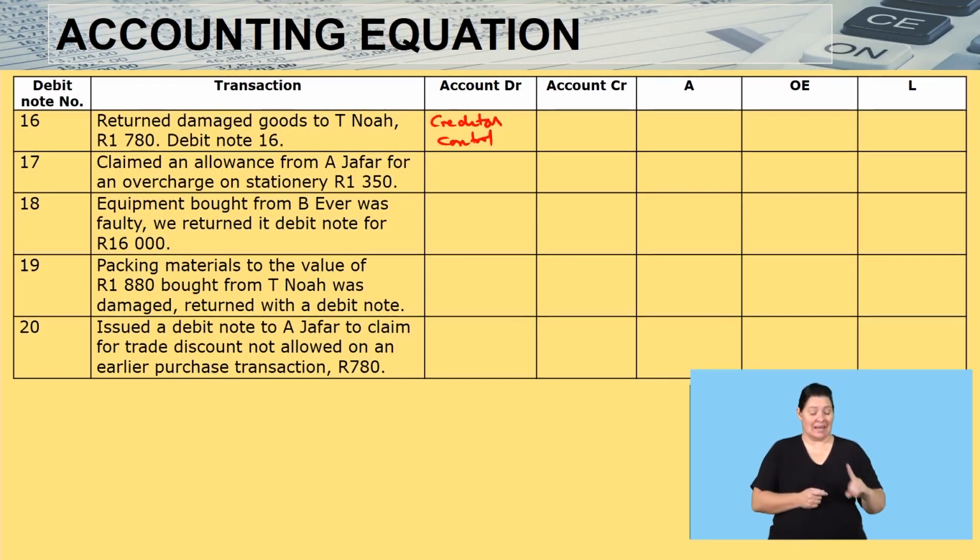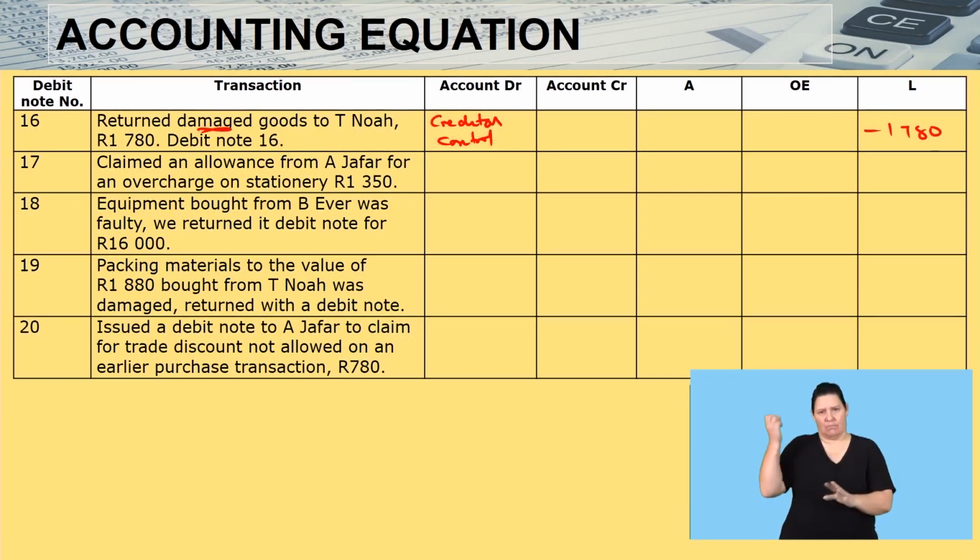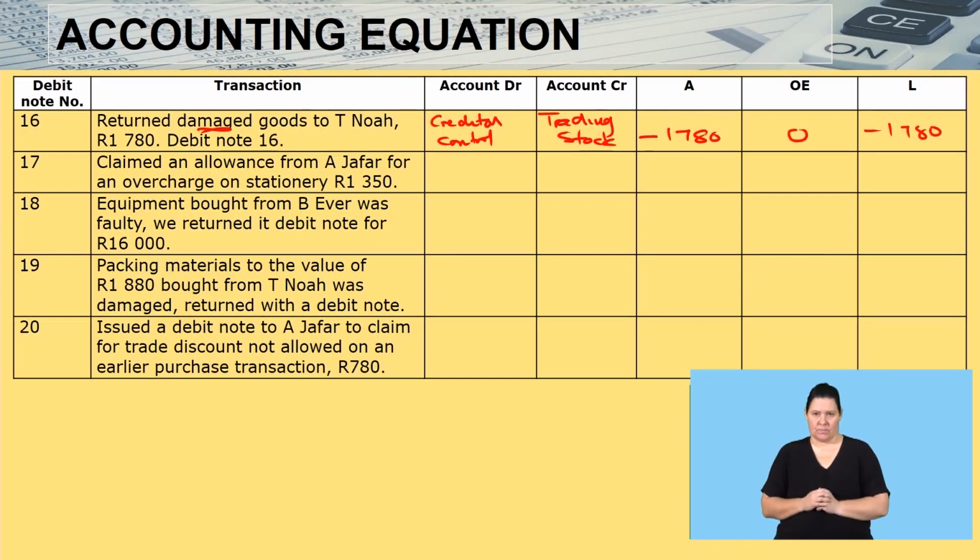Once you debit creditors control, you're coming to your liabilities and you're saying minus 1,780. What other account was involved here? These are damaged goods. So trading stock, account credit, trading stock. And the moment you credit your trading stock, your assets are going to decrease 1,780. Owner's equity, no effect, then you put a 0.